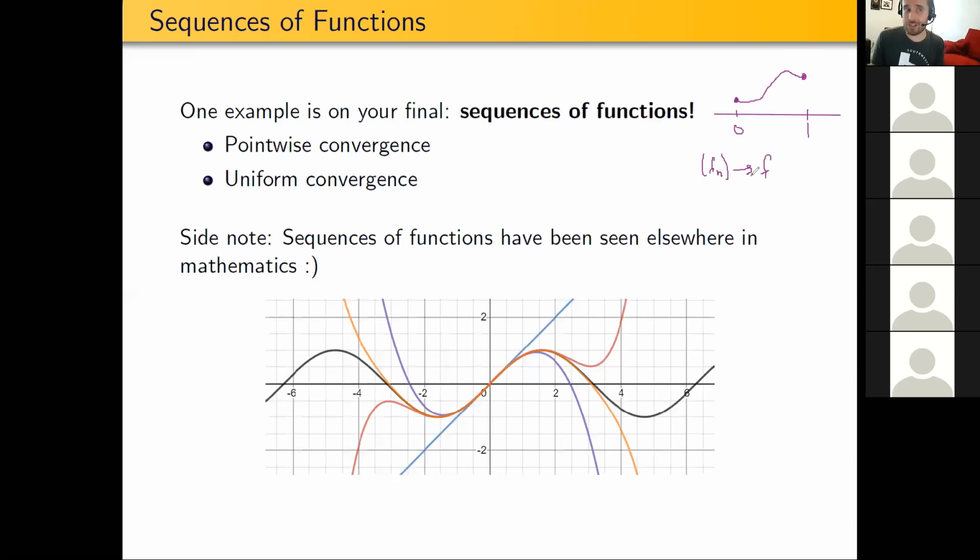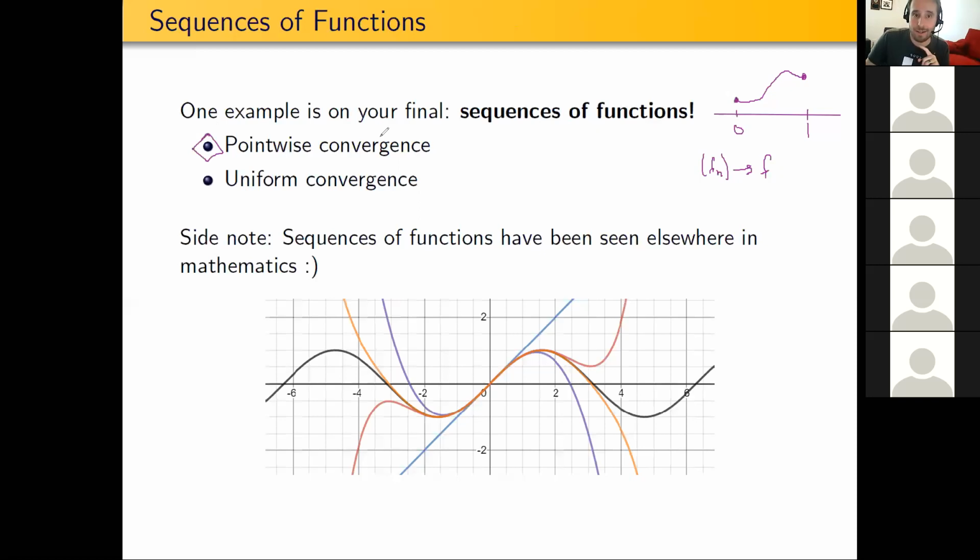And we can ask a question: does a certain property, like continuity, carry through to the limit? If all of our individual functions are continuous, does our limit function have to be continuous? It turns out the answer depends on our definition of convergence in this new setting. If our definition of convergence is pointwise convergence, then continuity does not hold true.